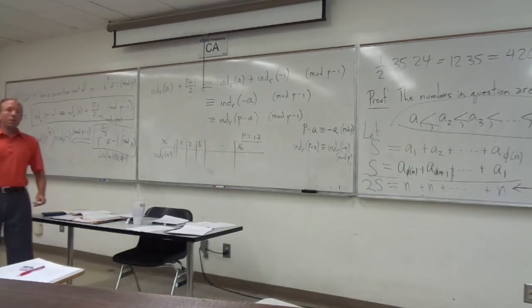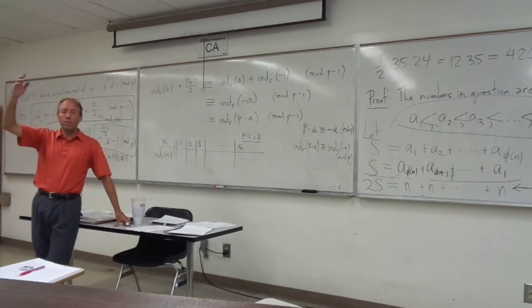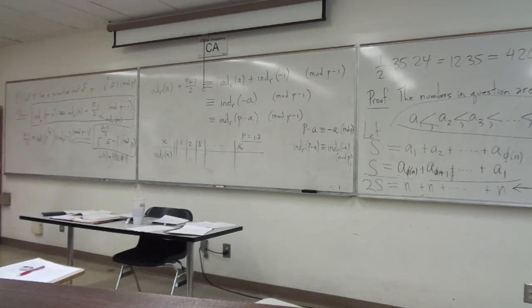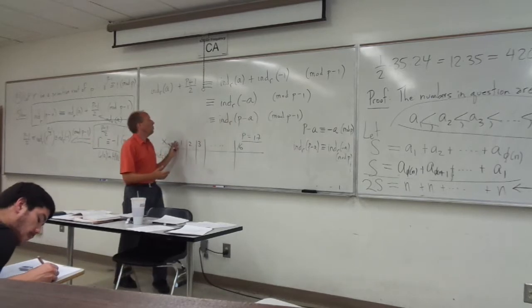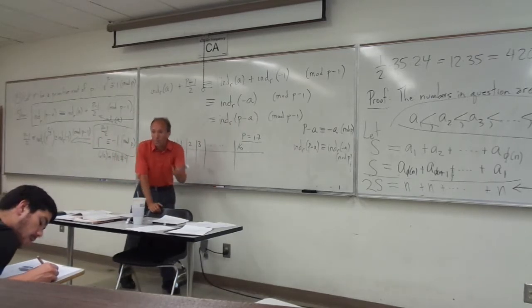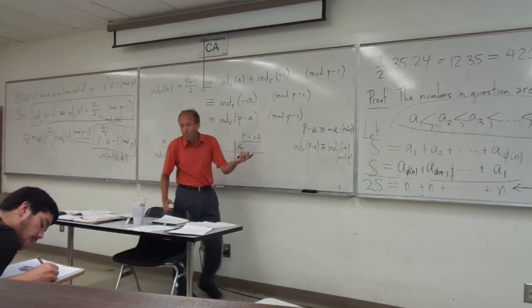Because when you take the primitive root and raise it to all of the powers, so if you take r and square it, cube it, 4th power, 5th power, 6th power, and so on, you're going to get all the numbers that are relatively prime to the modulus n. Well, if your modulus is 17, then you will get every single number from 1 to 16, because all of those numbers are relatively prime to 17.